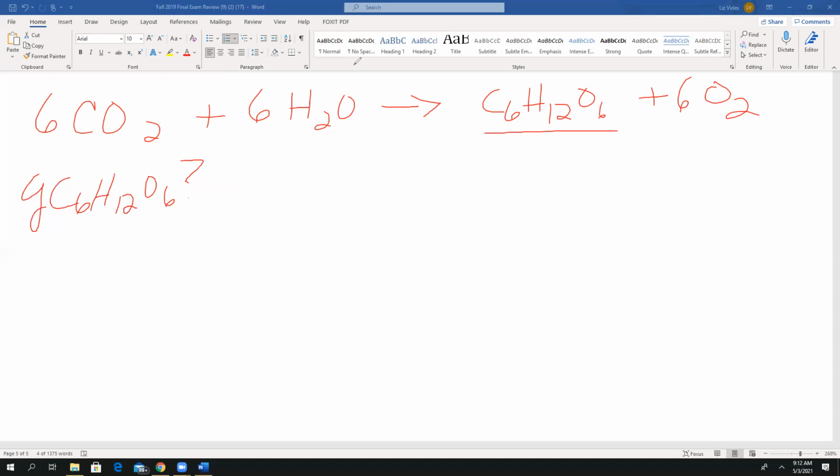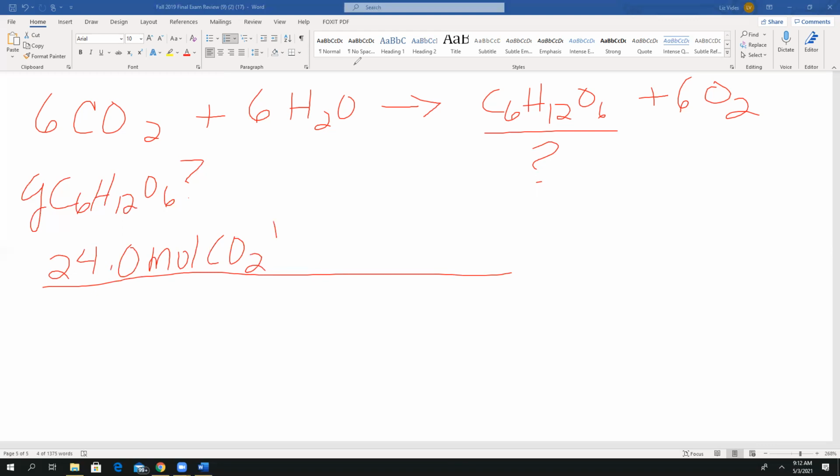That's the question, right? This is our question. Are produced when 24 moles of carbon dioxide react. Okay, so this is what we know, 24.0 moles of CO2.